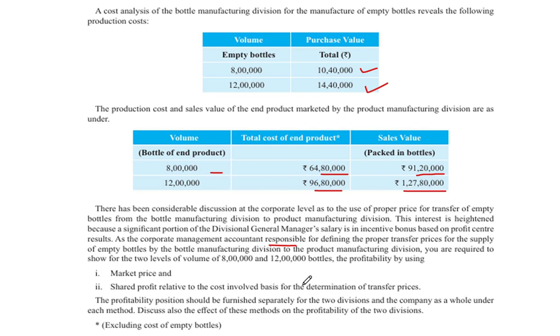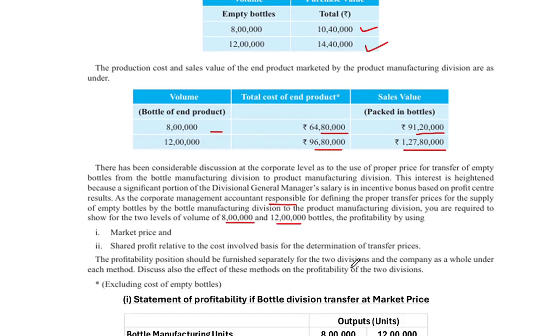Now you are required to show, for the two levels of volume, one for 8 lakh units and the other for 12 lakh unit bottles, the profitability by using the market price method and the shared profit method, relative to the cost involved, as the basis for the determination of transfer prices. In the first method, we will calculate based on the market price.